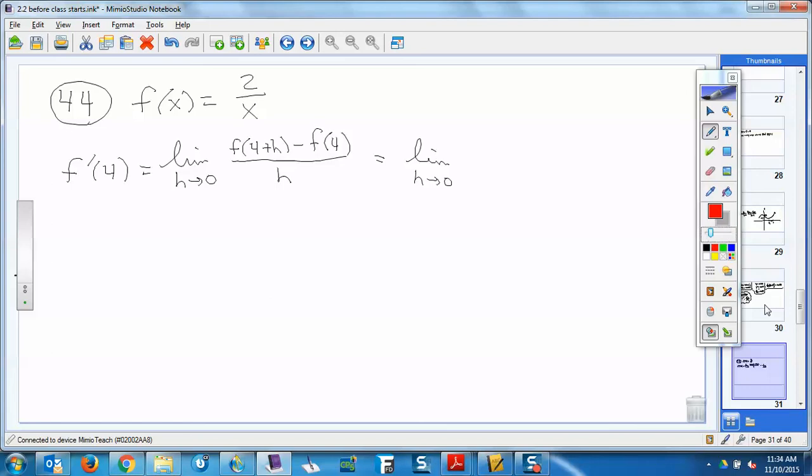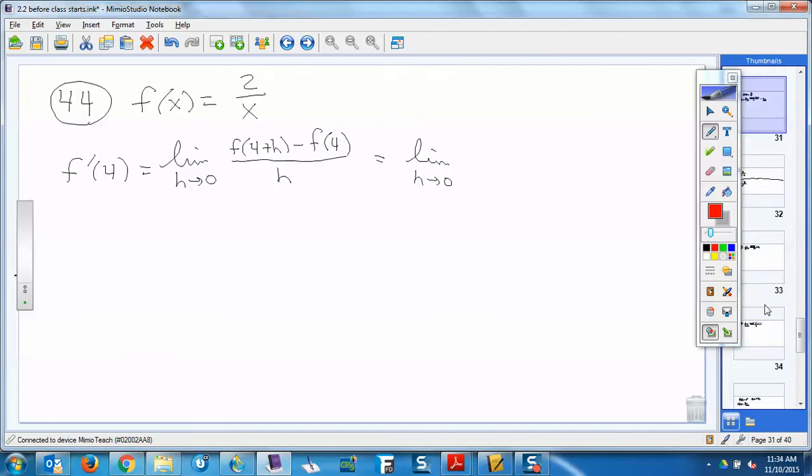Now, there are going to be some where you get to do this new shortcut. Again, I'm going to say this just like I did yesterday. The only ones you have to work out this long way are the ones that say do the definition of derivative. I think the only ones are the ones I'm going to give you right now.